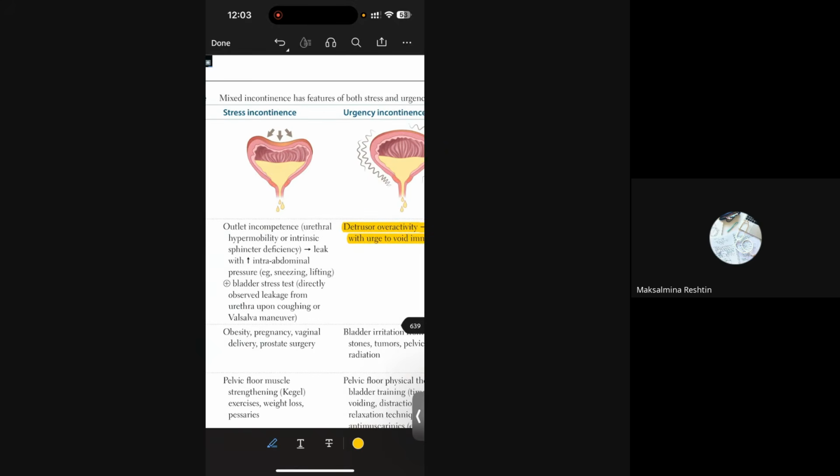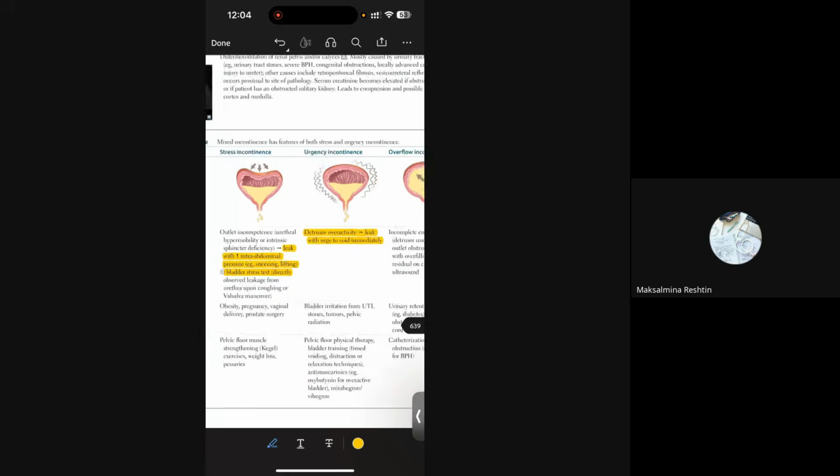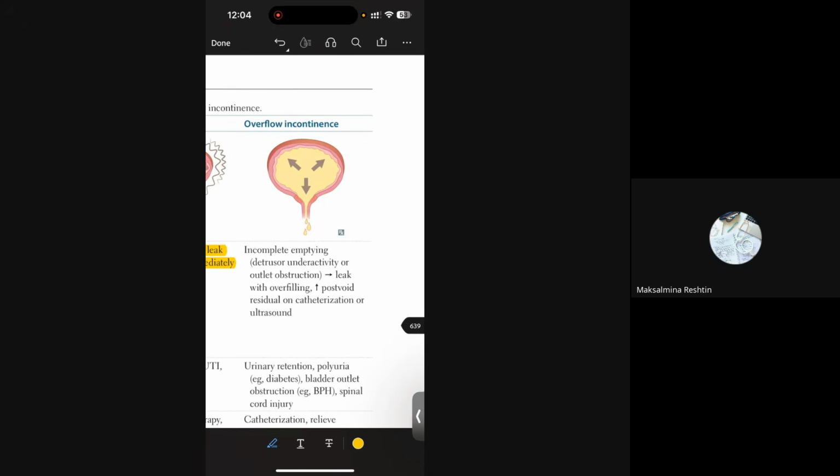Stress incontinence is a leak with increased intra-abdominal pressure, with a positive bladder stress test, when the patient sneezes or lifts some heavy weight and leaks urine. But not in this case: the patient has uncontrolled voiding without any sensation of a full bladder, and difficulty starting and maintaining a urinary stream. So the patient has overflow incontinence.